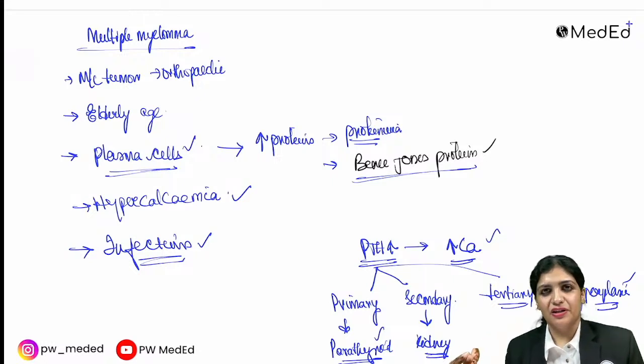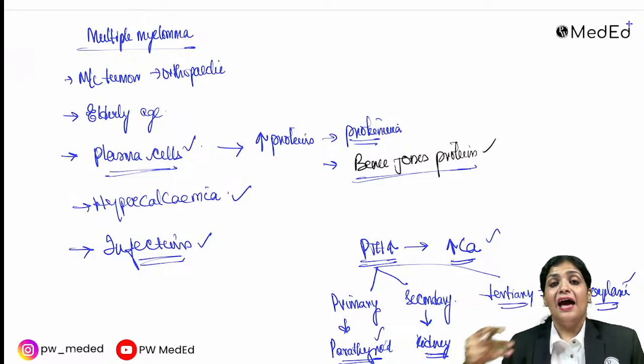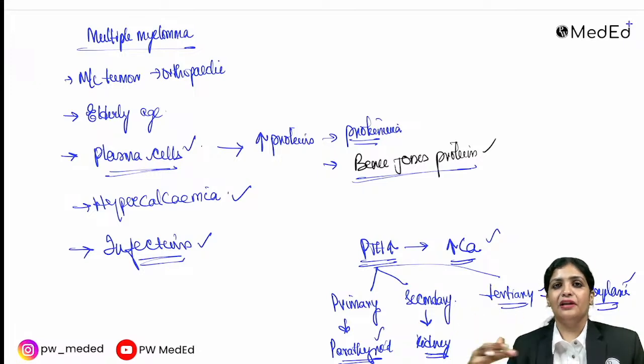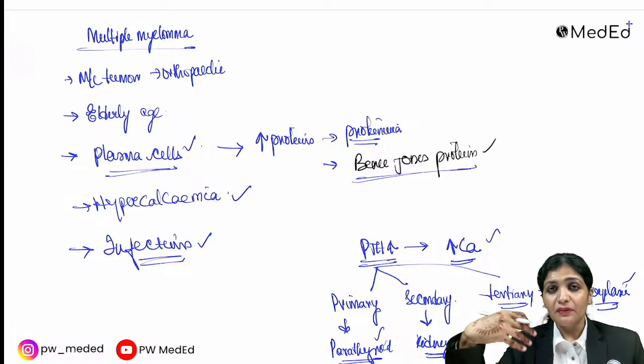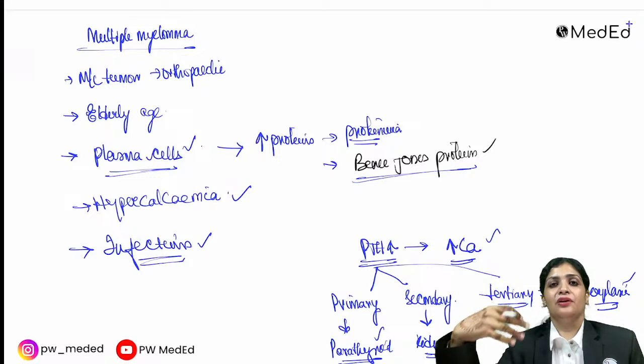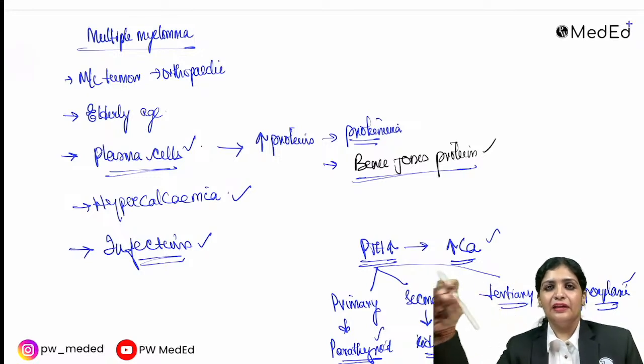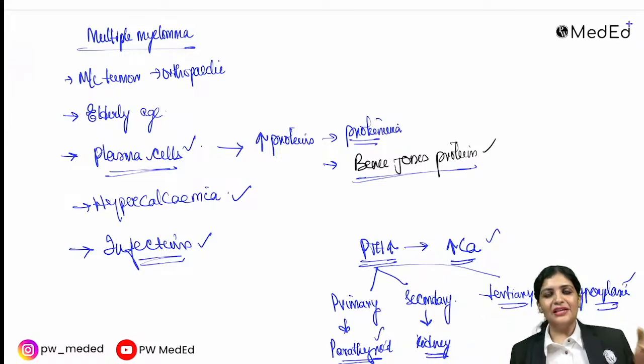This is called tertiary, where the patient is treated, and then because of the reactive hyperplasia of the parathyroid glands, they will produce increased parathormone. This is called the tertiary. So you have to differentiate between the primary, secondary, and tertiary.